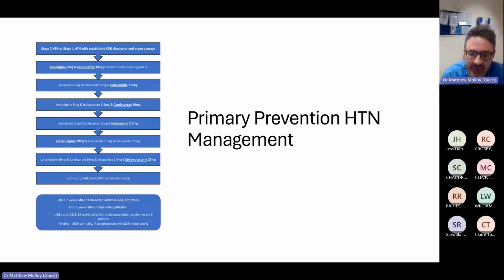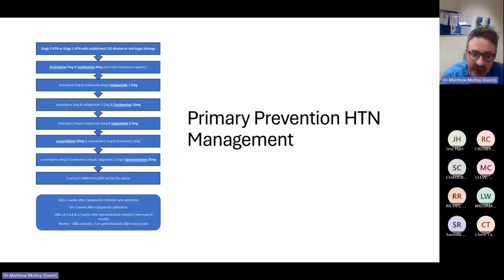Because we find that blood pressure agents on their own tend not to drop the systolic blood pressure more than 10 or 15 millimeters of mercury, we tend to go in fairly aggressively with 2 agents. So you can imagine if a patient's ABPM is 160 over 95, they're going to need more than 1 tablet to bring their blood pressure down to the target of 130 over 80, which is what we aim for.